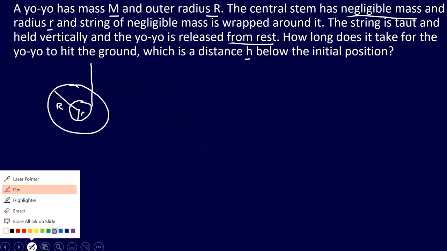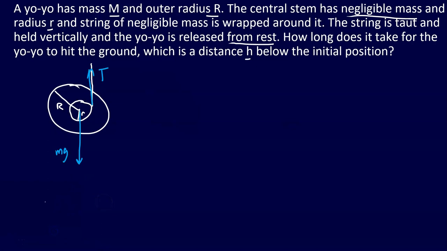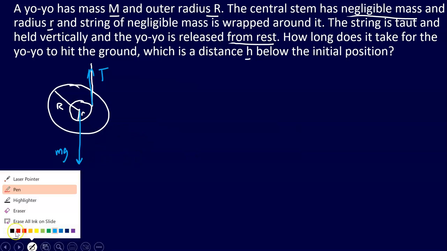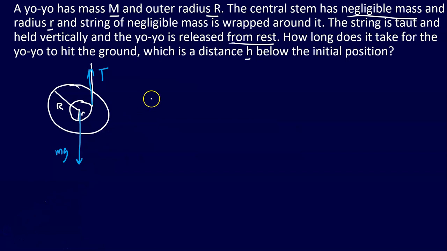There are basically two forces: the tension going up and the mg going down. So we're going to look at this, and we'll do two equations. The first thing we'll do is look at this as just an F equals ma style equation. I'll call positive y upwards. So the sum of the forces in the y direction is equal to m times the acceleration, and this would be the acceleration of the center of mass of the yo-yo.